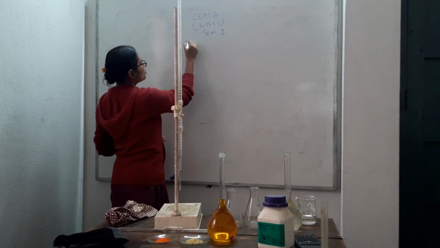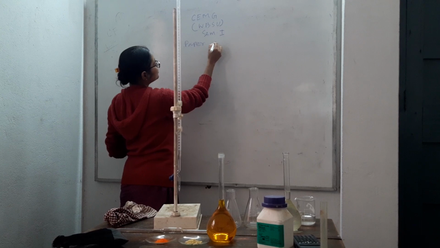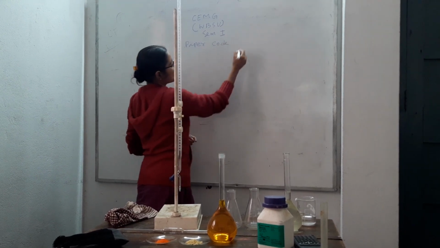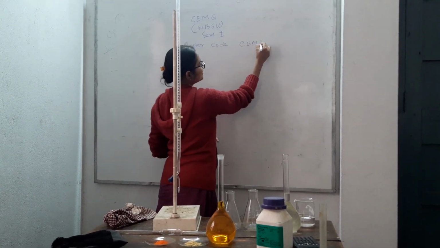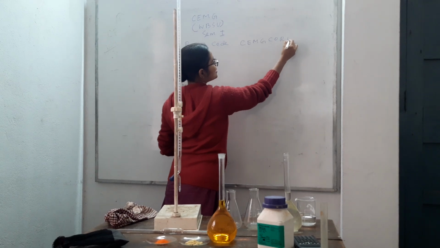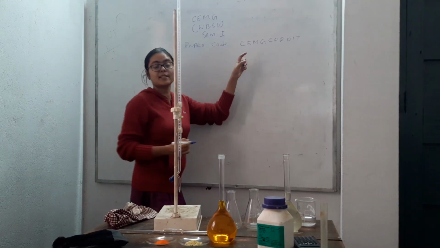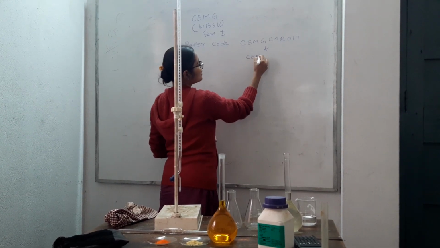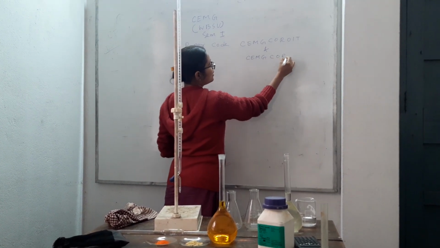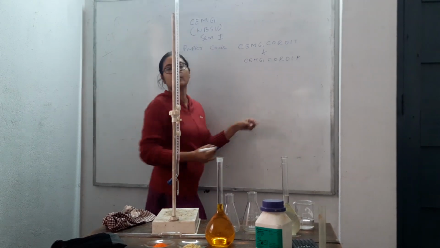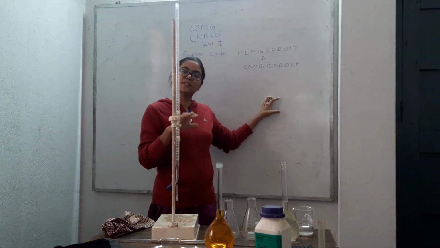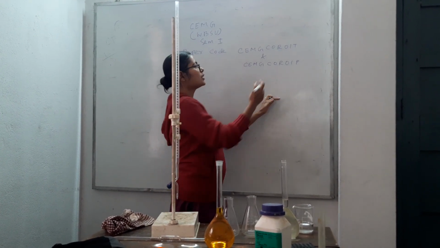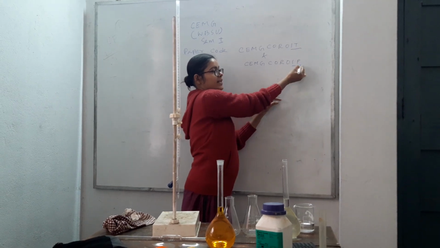Now the paper code is CMG COR 01T, and it is also applicable for CMG COR 01P. So this is a common e-module for the theory paper and the practical paper.